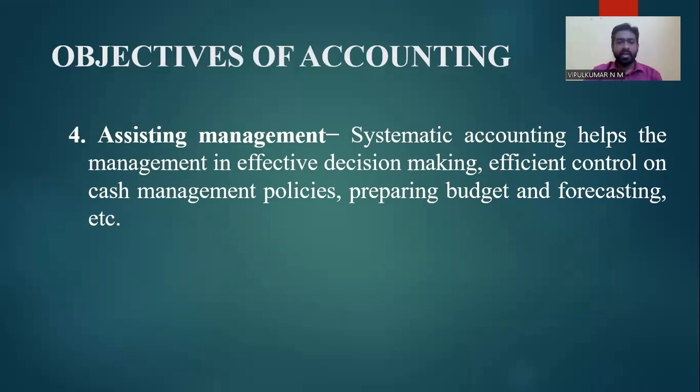In order to do that, accounting assists the management in taking decisions. Without the accounting information, the decisions made by the management will not be right. So, accounting helps the management in decision making.